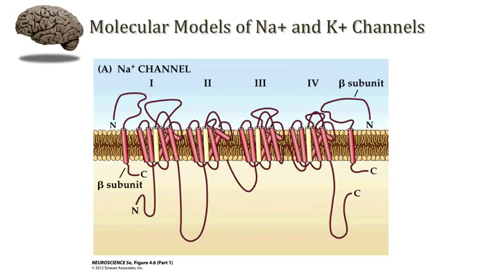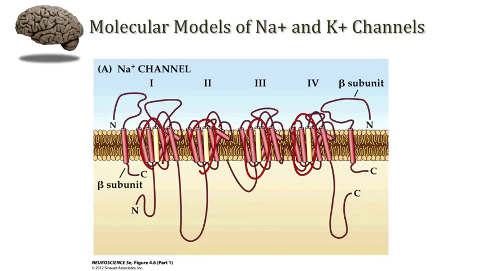Now, as this protein establishes its tertiary shape in the membrane, it's configured in such a way to establish a pore for the passage of sodium ions. And the electrical and physical structure of that ion channel pore account for its selectivity for sodium. I'll also highlight these yellow transmembrane segments that we see in each of these motifs. And these contain positively charged amino acid residues that account for the voltage sensitivity of this protein.